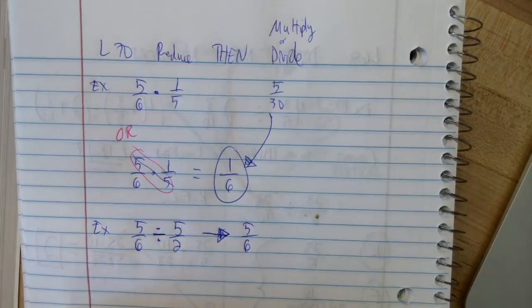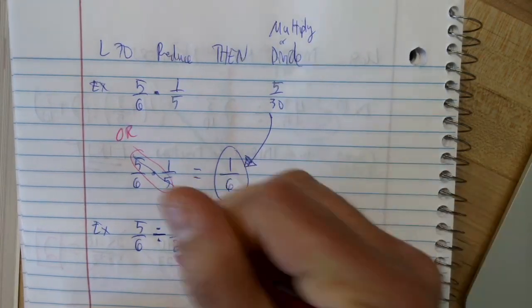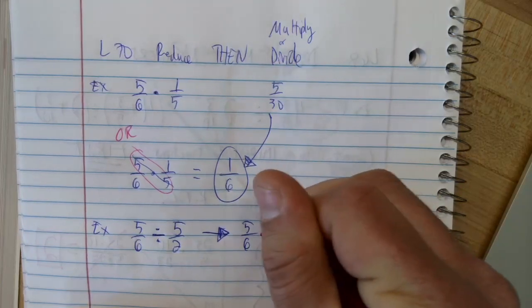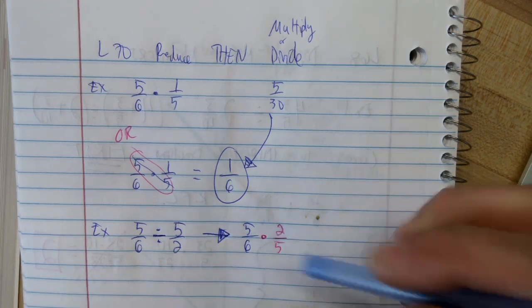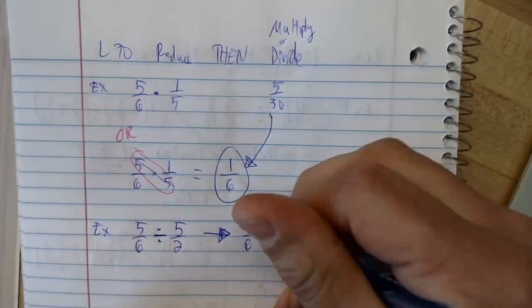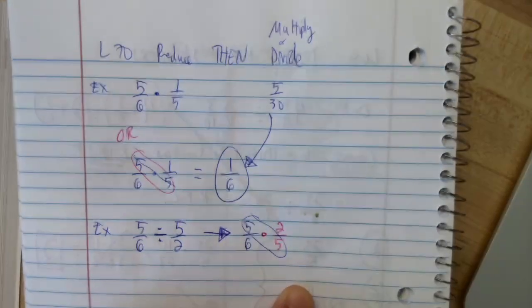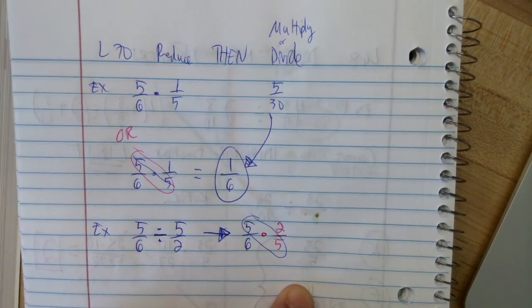We're going to change it to multiplication. We're going to flip it. So it becomes 2/5. Now, pay close attention to what you can reduce or cancel. Notice we'll have a 5 on top and a 5 on bottom. What happens there? They cancel out.